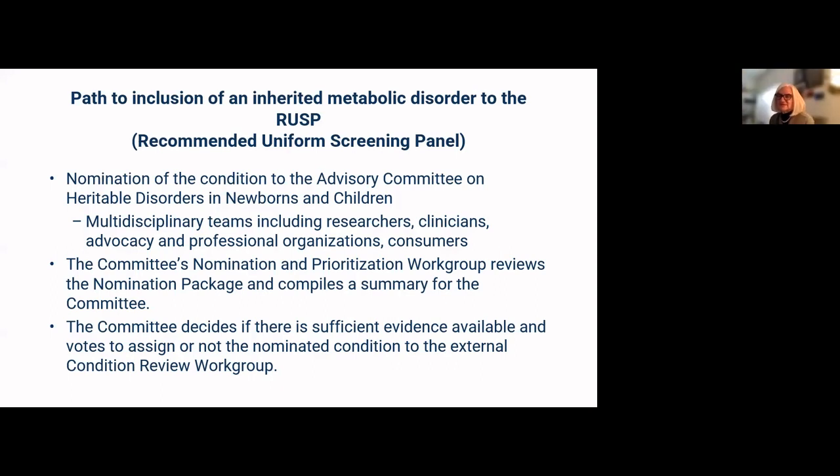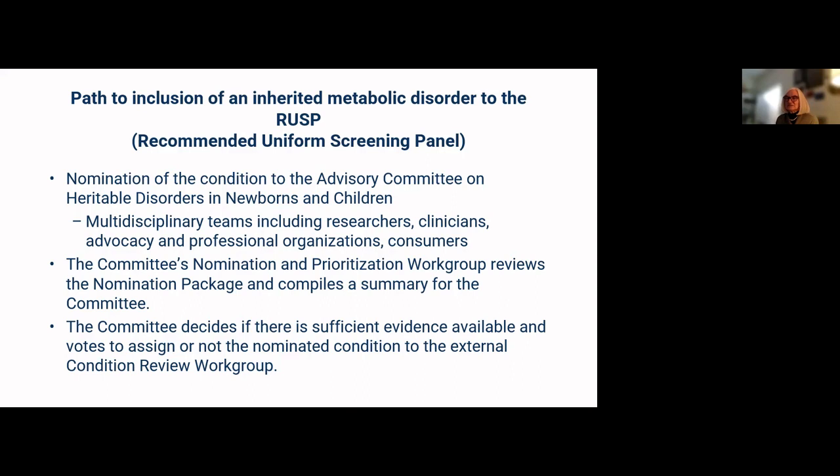Dr. Singh mentioned what is needed to include a new metabolic disorder to the recommended uniform screening panel. I just want to go through the steps. The first thing is the nomination of the condition to the Advisory Committee on Heritable Disorders in Newborns and Children. This is done through a multidisciplinary team that includes researchers, clinicians, advocacy and professional organizations, and consumers.